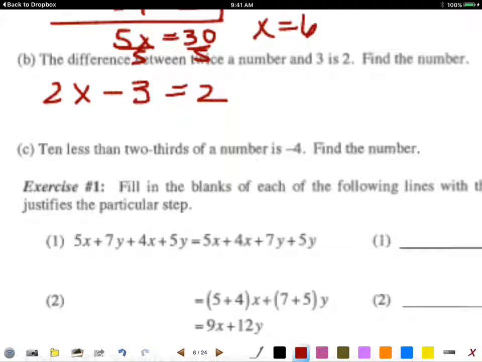Okay, who's got an answer for me? Matthew? X equals 2.5. X equals 2.5. Very good.